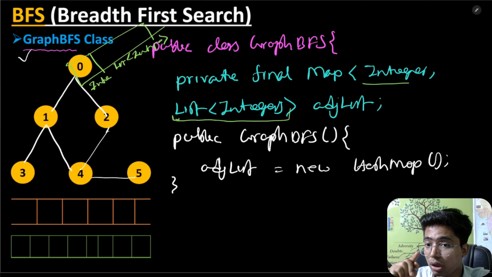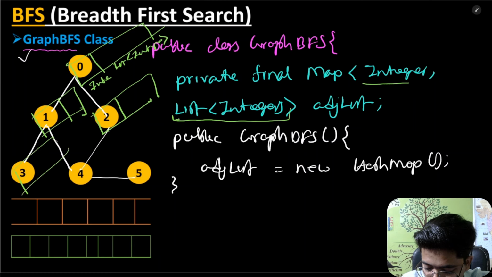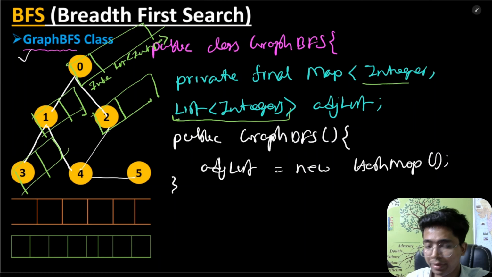Not only this node, all the nodes have a similar architecture like this. They are defined in that manner. That means we can visualize all the nodes like this, because we have now initialized them using the map data structure.